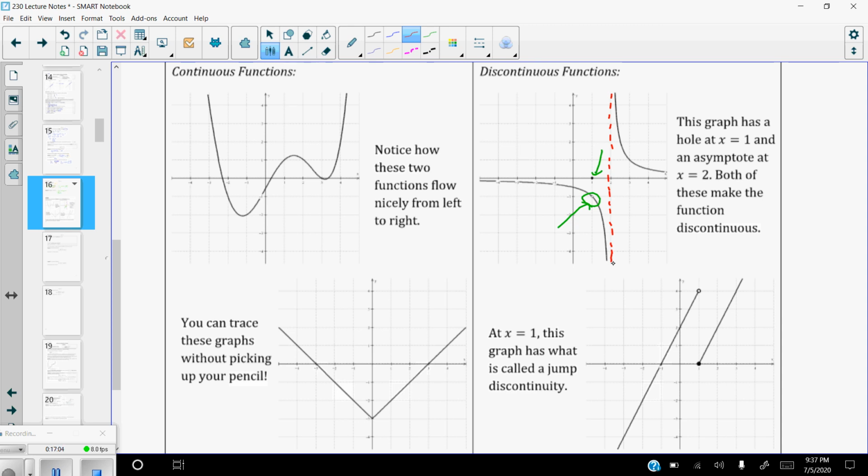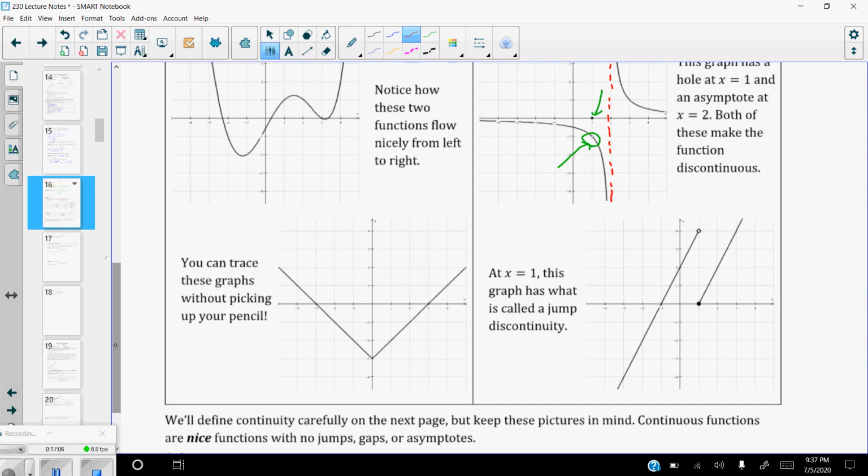And then the bottom one also has a discontinuity. Again, you can clearly see that there's a break. This is what is called a jump discontinuity because, as you can see, as you approach from the left-hand side of 1, it then jumps down to here as you approach from the right-hand side of 1.